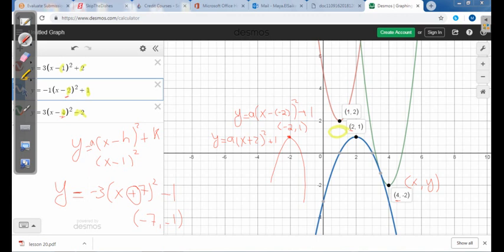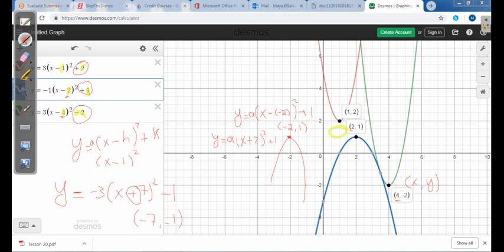However, the k value is exactly how it appears. Right? Which is the y value of the vertex. So 2, 1, negative 2, so it's exactly how they appear in the equation. Okay?